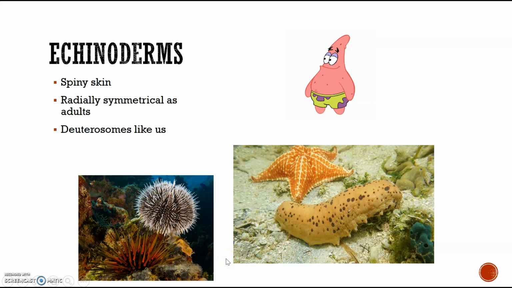So these guys have a number of different sort of life strategies. Some of our sea stars are active predators. Your sea cucumbers tend to be detritivores, meaning they just sort of feed on the bottom on whatever organic matter they can find. And then a lot of our sea urchins are herbivores and will eat algae and kelp and those sort of things.